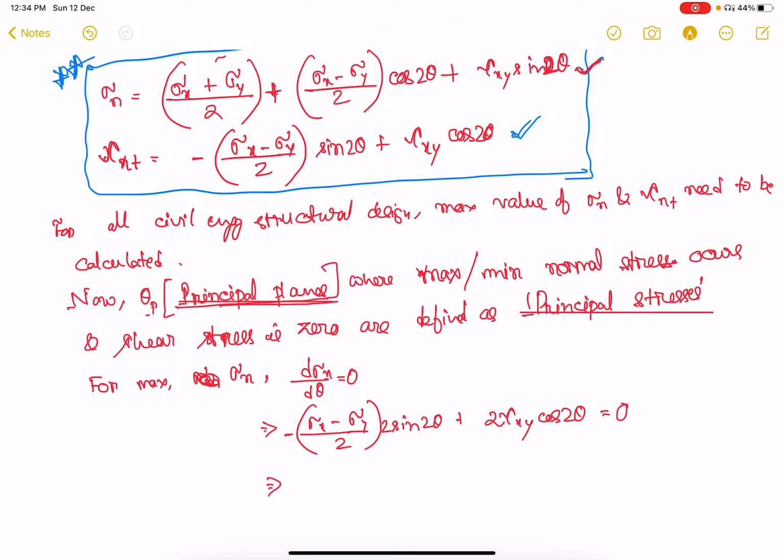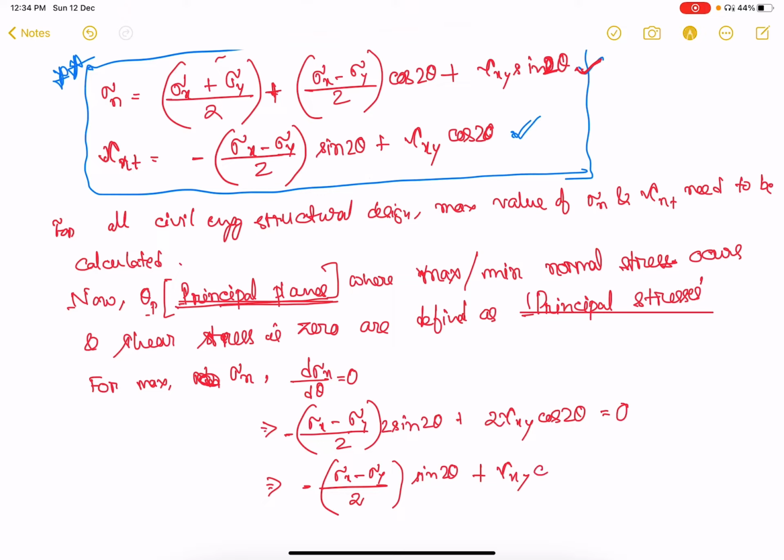It is nothing but minus sigma x minus sigma y times sine twice theta plus tau xy times cos twice theta, taking 2 common, and is equal to 0.